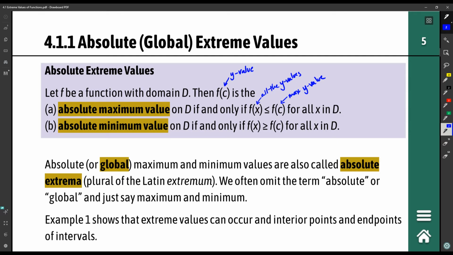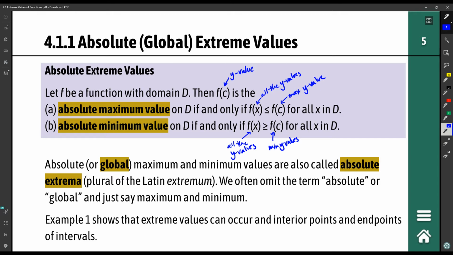Then f of c is an absolute minimum value on the domain D if and only if f of c is less than or equal to f of x for all x in D. In other words, all the y values are greater than or equal to, which means all the y values are higher than the min y value. And that makes sense then why we call it a minimum.